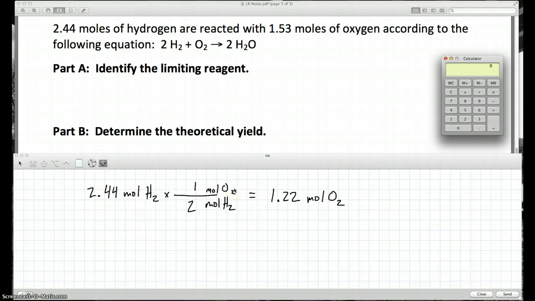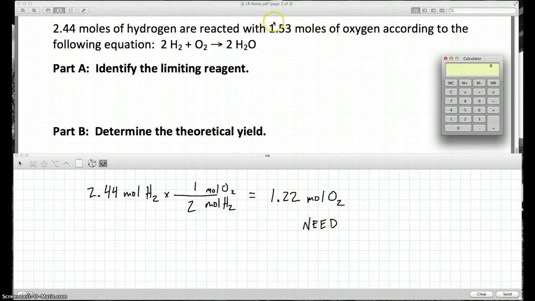Stoichiometry is just a mathematical skill. We need to look at this number and figure out what that number means. I think the key to figuring this out is that when you calculate this number, you're figuring out how much O2 you need. And you're comparing that to how much O2 you're given.